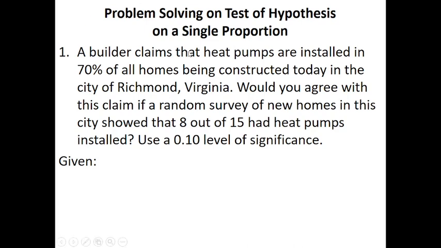Okay, let's analyze. We have the builder claiming that heat pumps are installed in 70% of all homes being constructed today in this city. So P is 70%. When we talk about proportion, it could be decimal, fraction, or percentage.